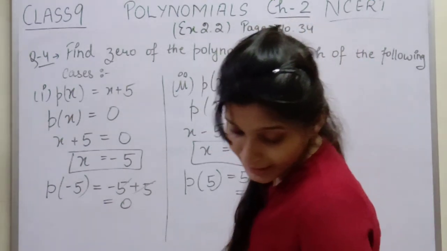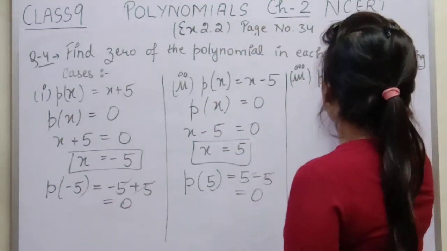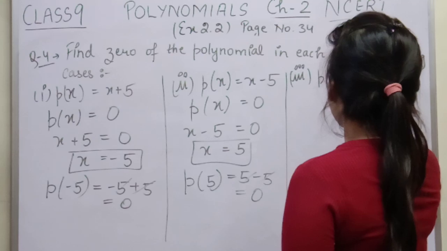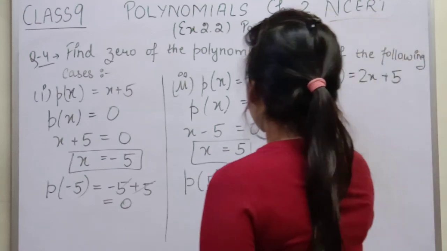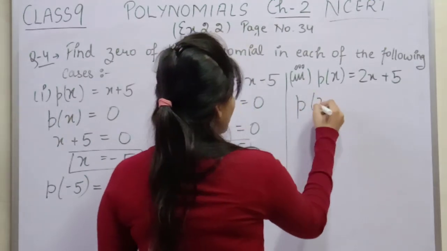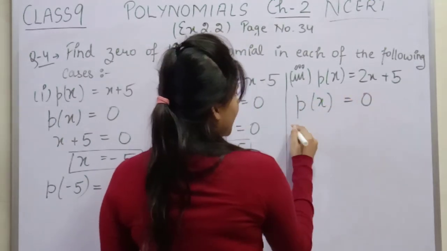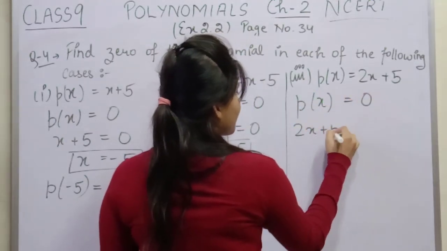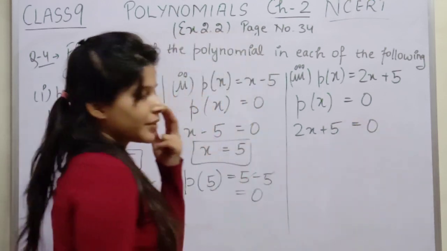Third part is p(x) equals 2x plus 5. Now p(x) equals 2x plus 5, so here we will put p(x) as 0, which means that we will put 2x plus 5 equal to 0, right?